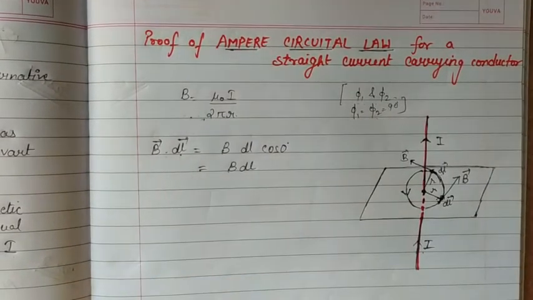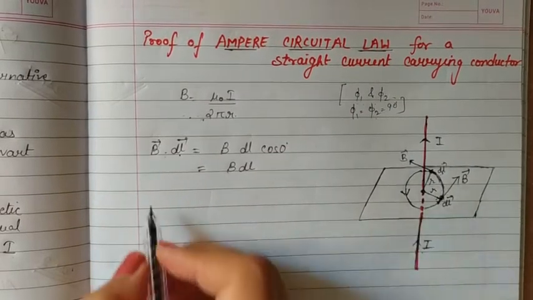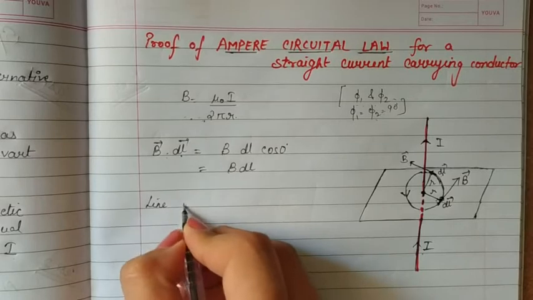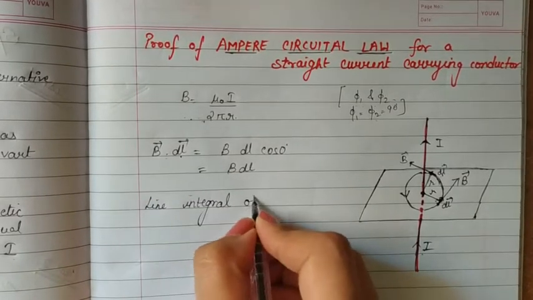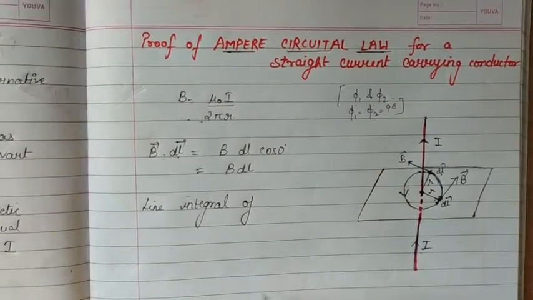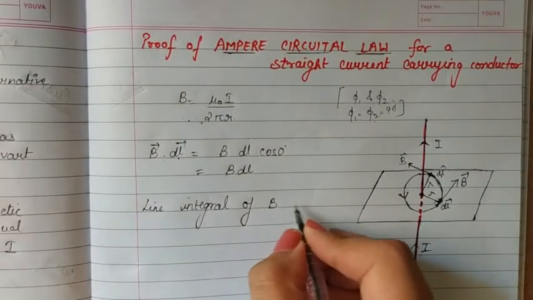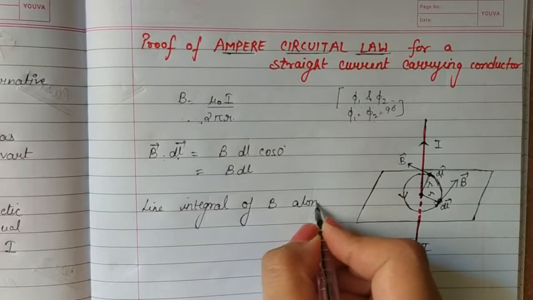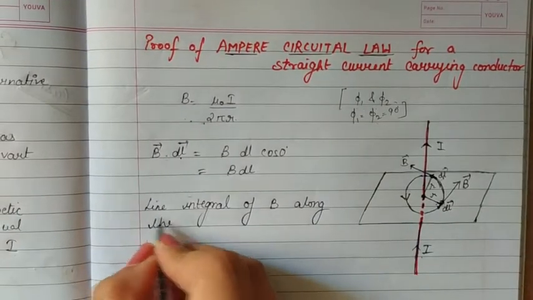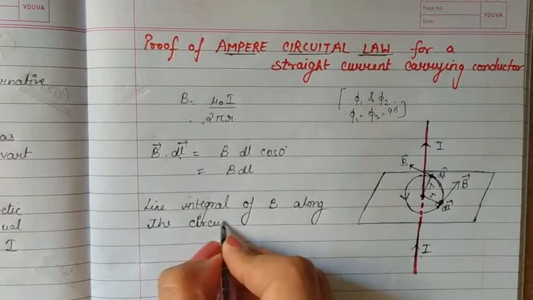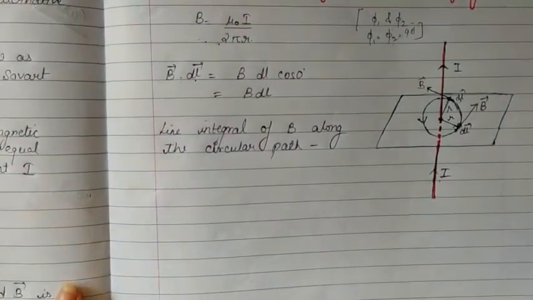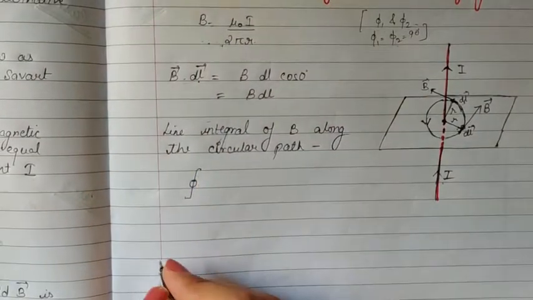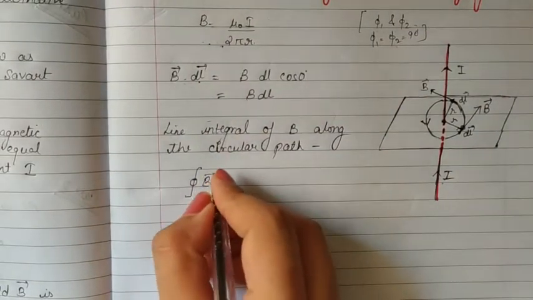Now we are going to find the line integral of the magnetic field along this circular path. So the line integral of the magnetic field B along the circular path will be the closed integral of B dot dl.